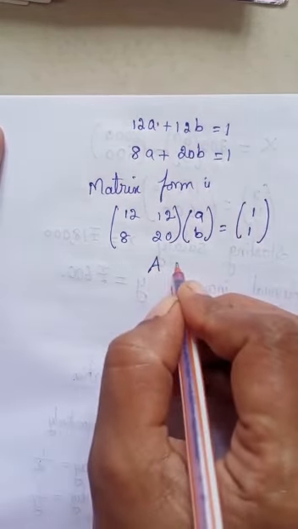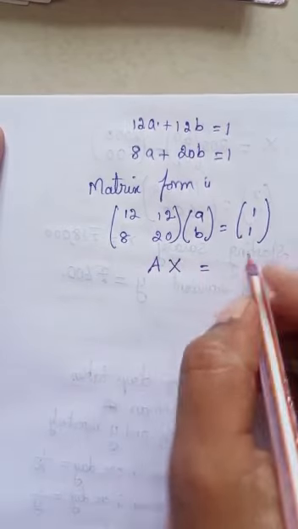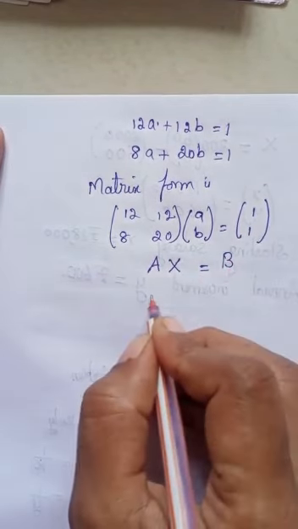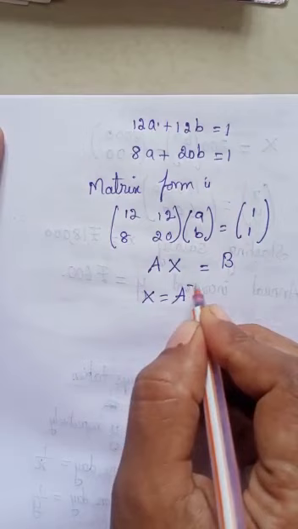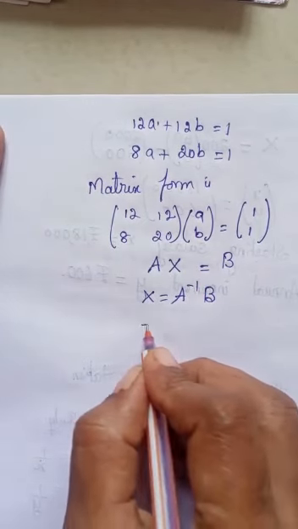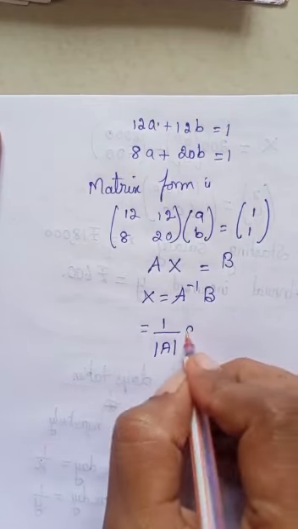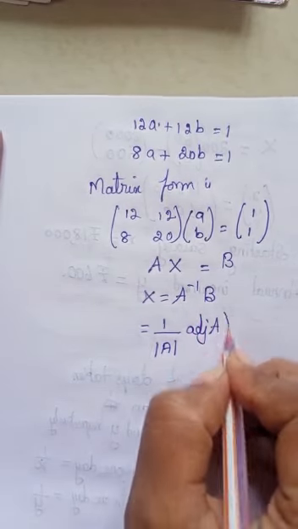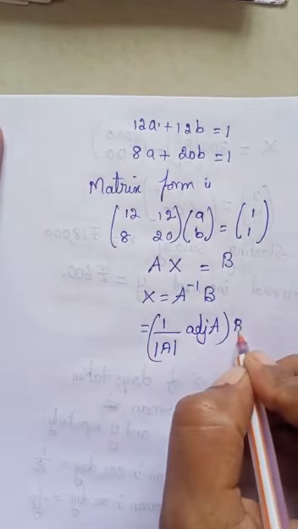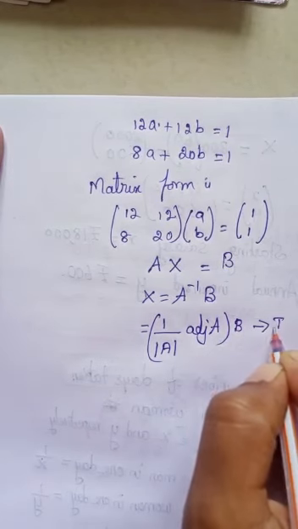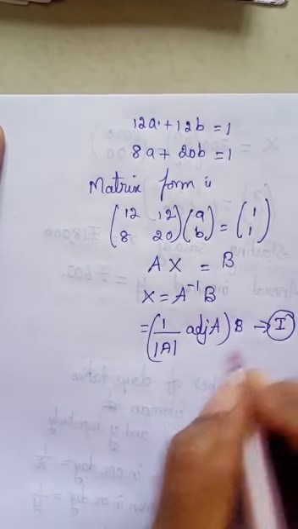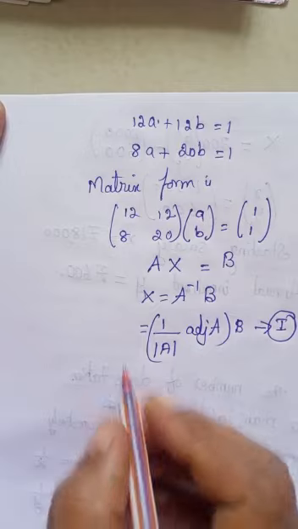So I can take it, this is AX equal to B. So X is equal to A inverse into B. A inverse, the formula is 1 by determinant A into adj A. So this is the big one, you can mark it. Okay, now shall we find it out?